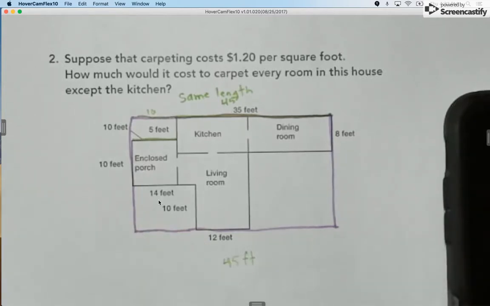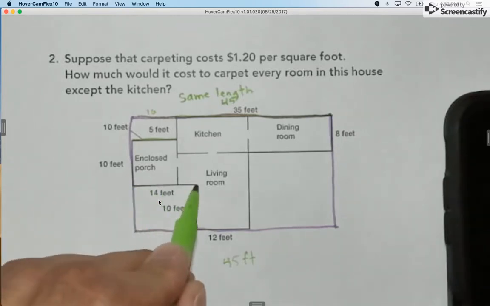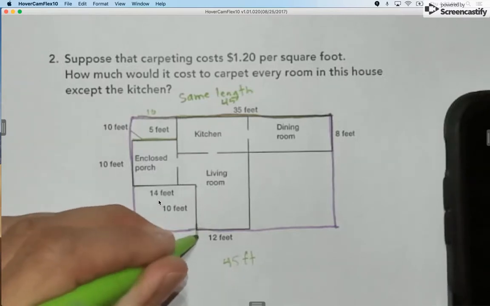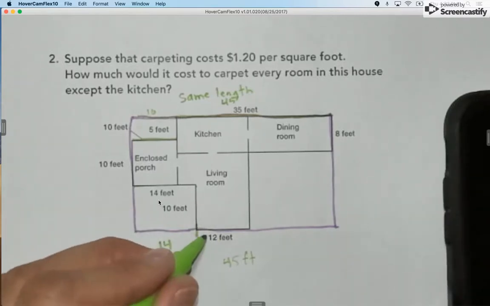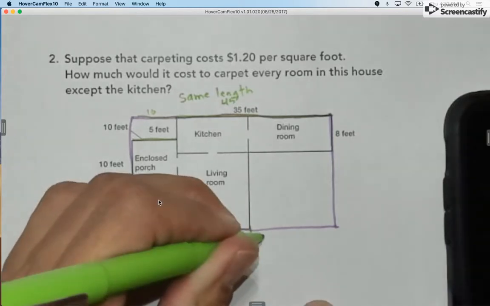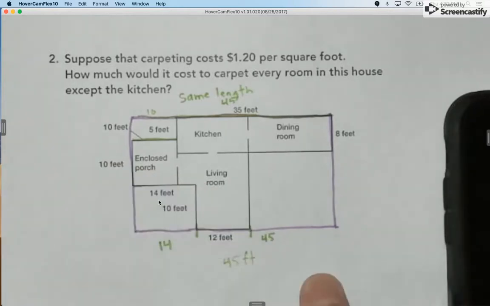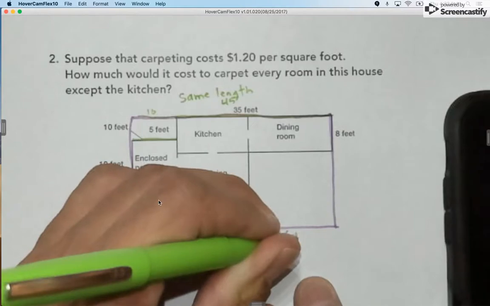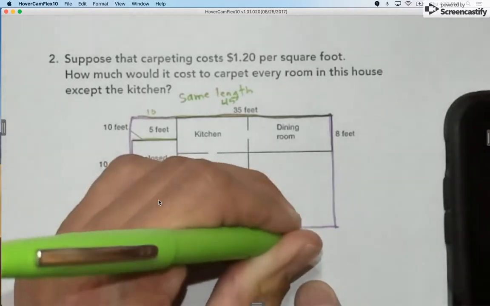Now I need to look at what I have here. From here to here, we have 14 feet. Then right on the outside of this, we have 12 feet. That means that this section right here is going to be the 45 feet of the whole side minus the 14 feet and the 12 feet.